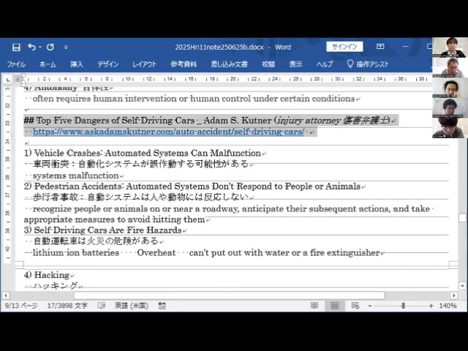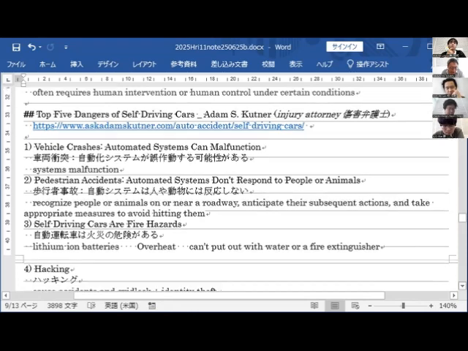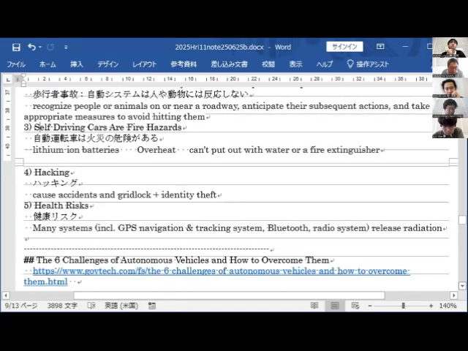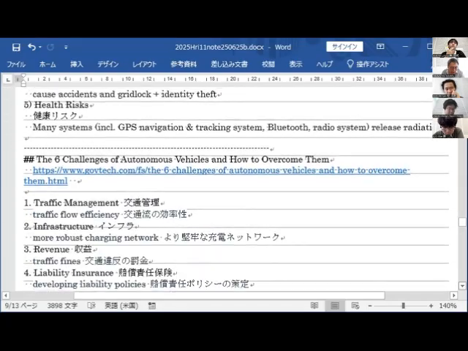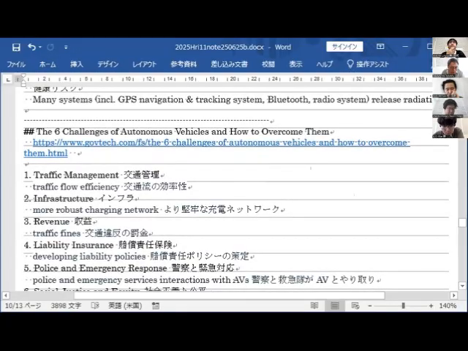Top 5 dangers of self-driving cars: vehicle crashes, pedestrian accidents, fire hazards, hacking problems, and health risks. And there is also a site on 6 challenges of autonomous vehicles and how to overcome them.